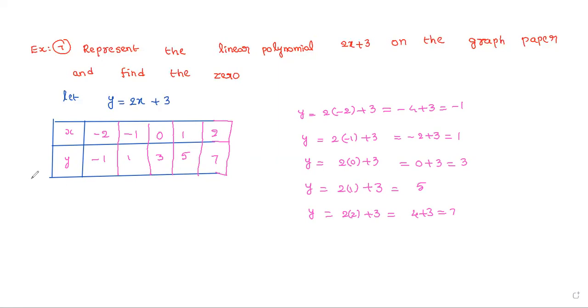So the points formed are x comma y: minus 2 comma minus 1, minus 1 comma 1, 0 comma 3, 1 comma 5, 2 comma 7.